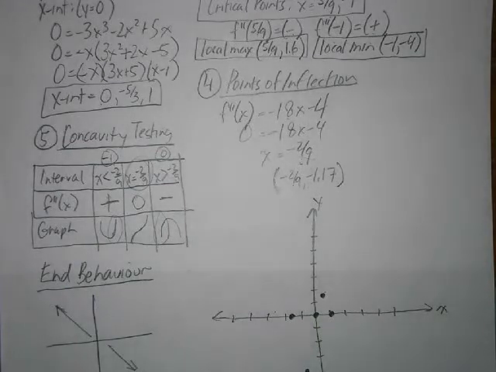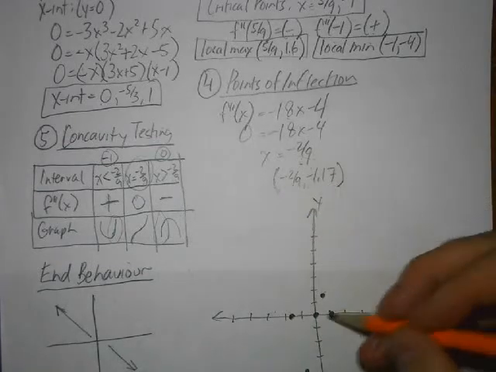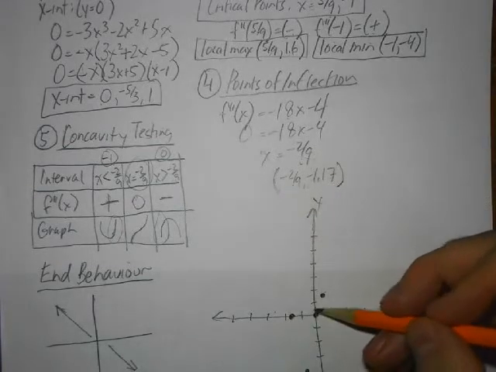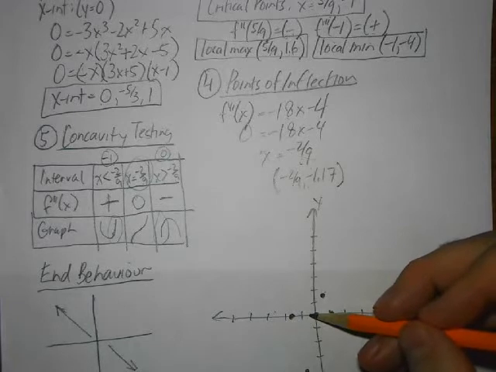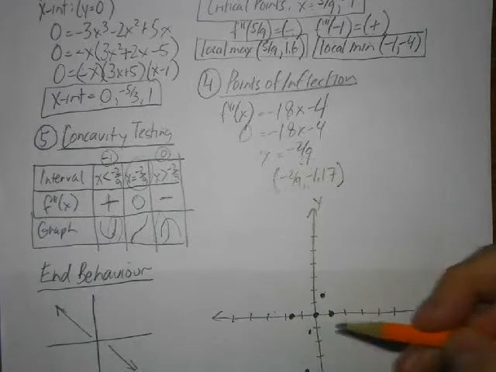So, where are we? Oh, I did. I got my x and y coordinates here. That's fine. So -2/9 is about there, and -1.17 is about here. Okay, so that's the point of inflection.